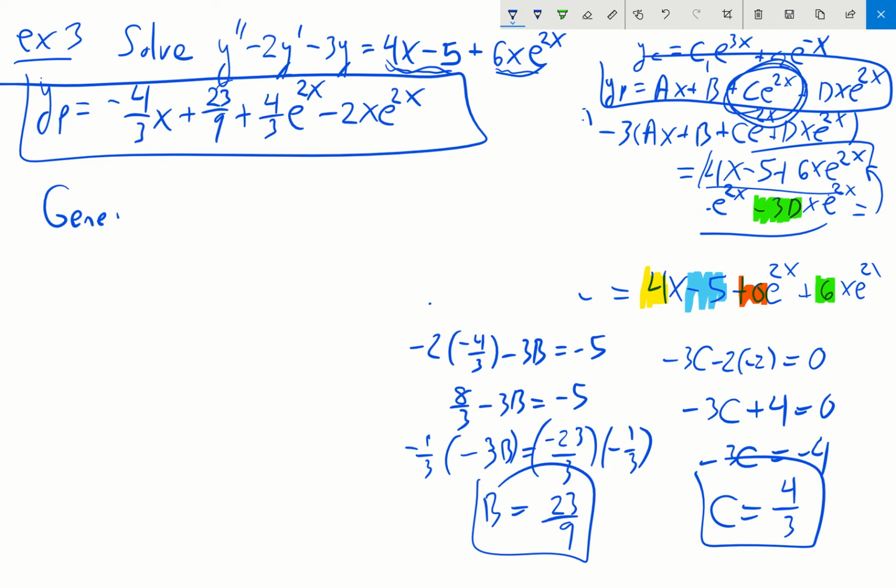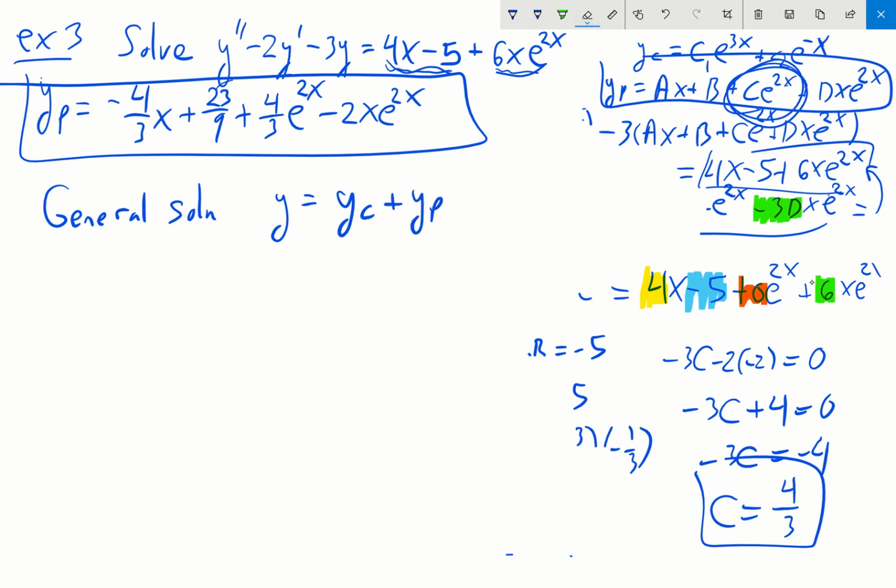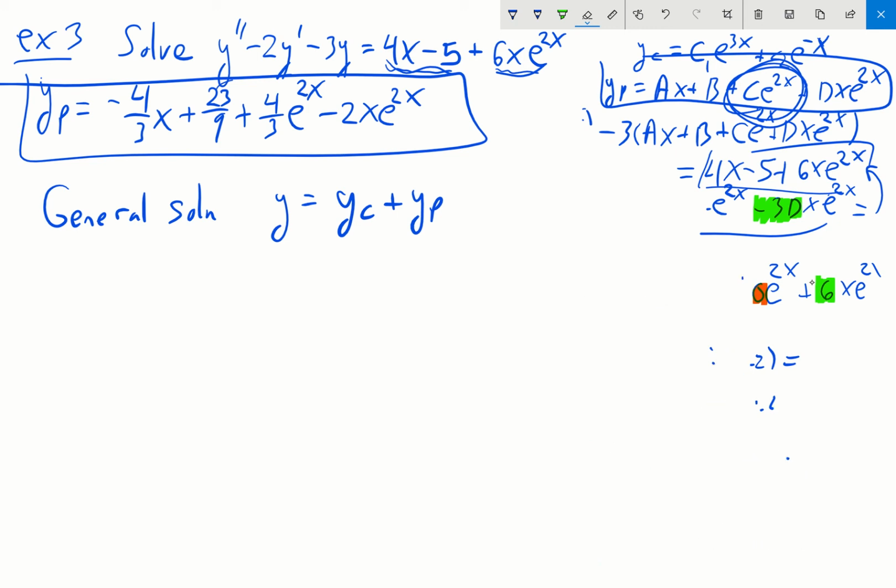Let's go ahead and summarize it. Again, the general solution is going to be the complementary solution plus the particular solution. The complementary solution was the solution to the homogeneous differential equation.